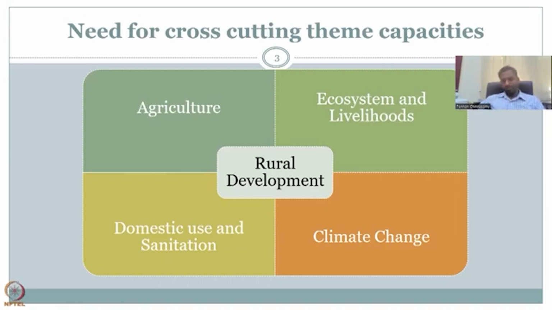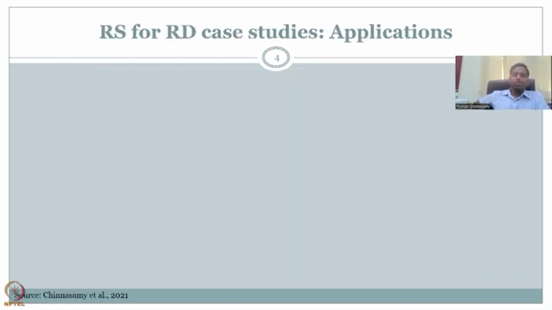We also maintained some aspects of animal husbandry and poultry farms, aqua farms, etc. Domestic use, we looked at groundwater, rainfall availability, farm ponds, water for Jal Jeevan Mission, and of course climate change. We have shown how to use climate indicators and climate change scenarios from remote sensing estimates. So we have a lot of remote sensing for rural development case studies.